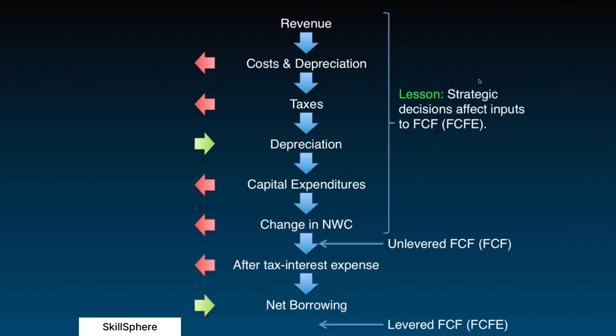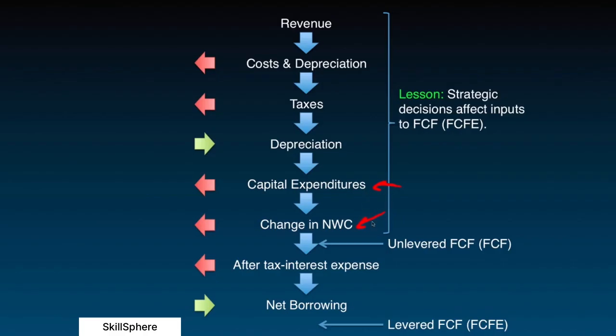So a useful way to think about strategic versus financial decisions is that strategic decisions are going to affect the inputs to free cash flow, and free cash flow to equity. Strategic decisions are going to affect our market share and our revenue. They're going to affect our cost, our investment decisions, our operations, inventory and the like.